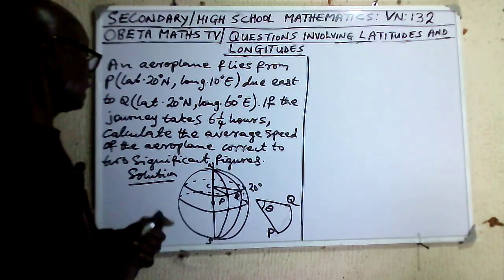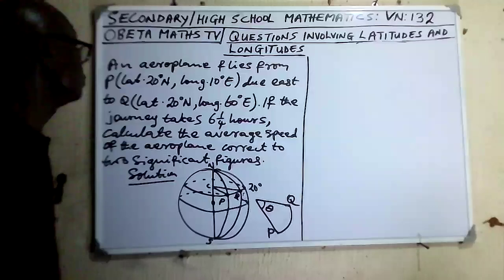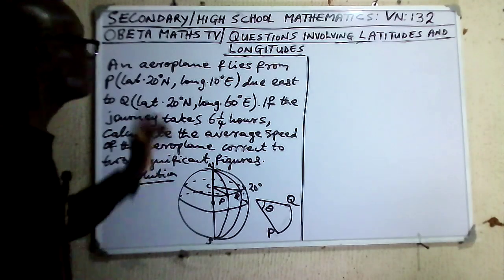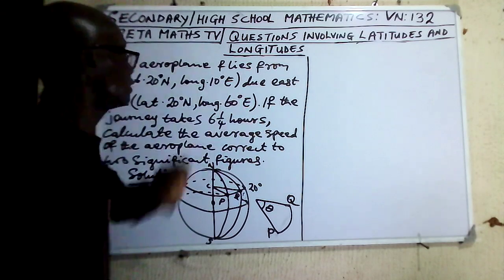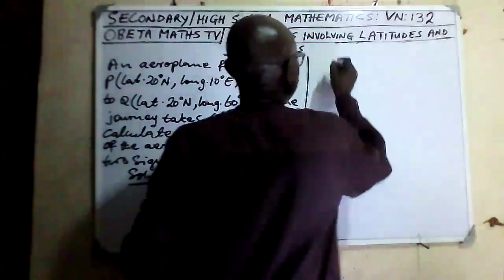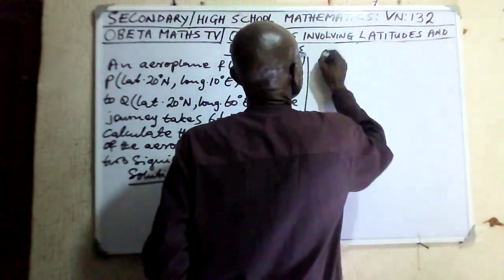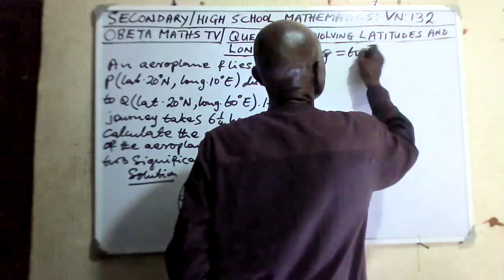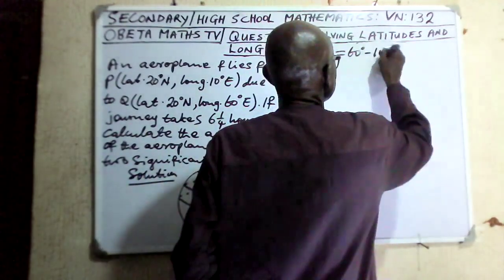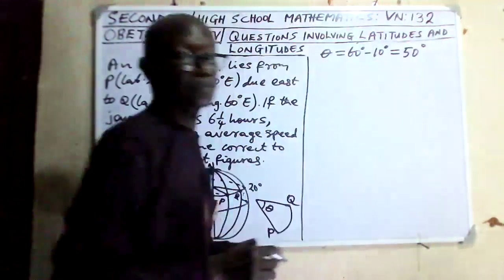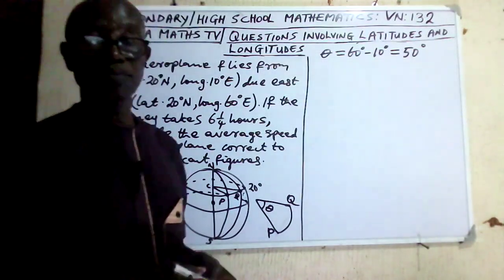So how do we get the theta now? We are going to use our normal formula, which says that if we have east, we have to subtract. So here we have east, that means theta will be equal to 60 degrees minus 10 degrees, and that's 50 degrees.